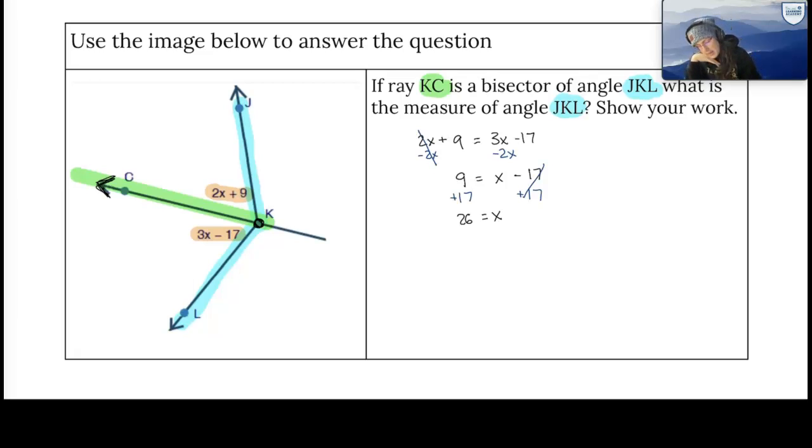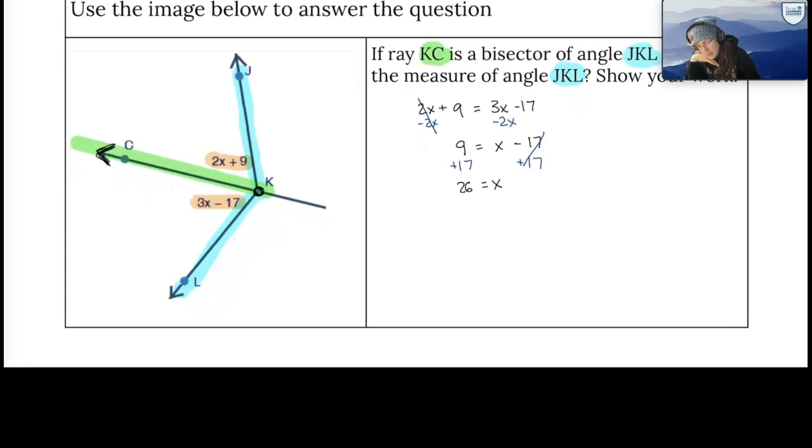The complicated part is, now that you have x, you have to substitute it in. So you've got 2x plus 9 plus 3x minus 17. Let's put parentheses around that, just because it's good practice.